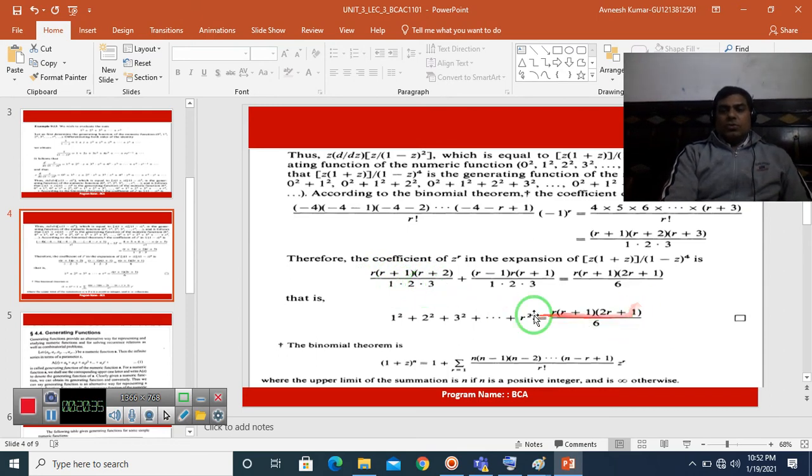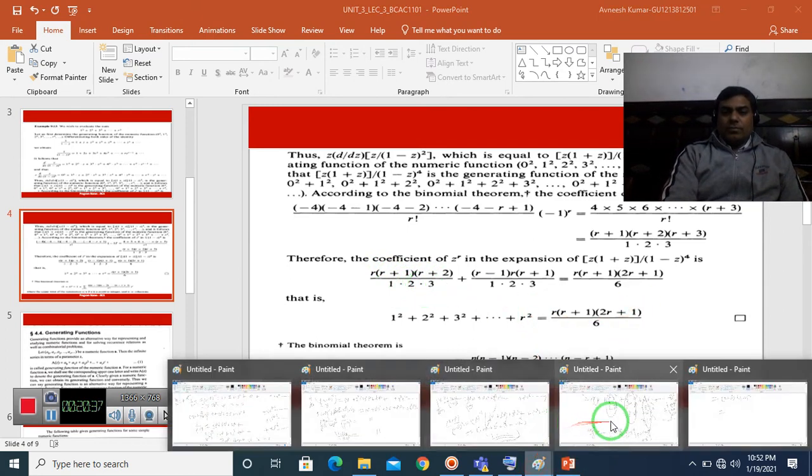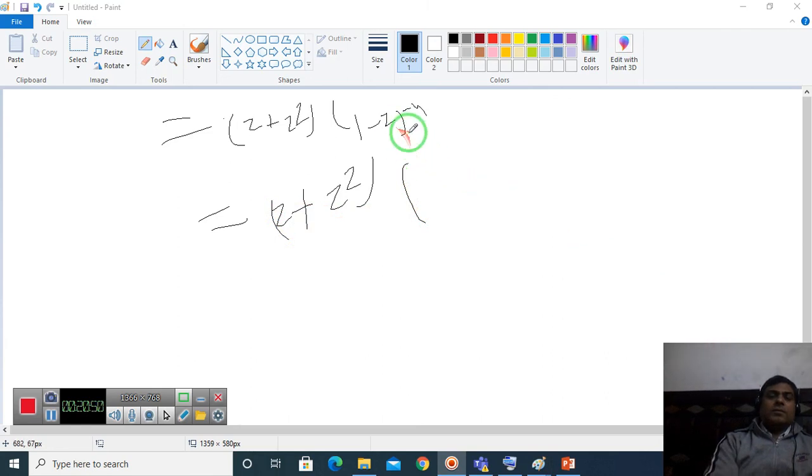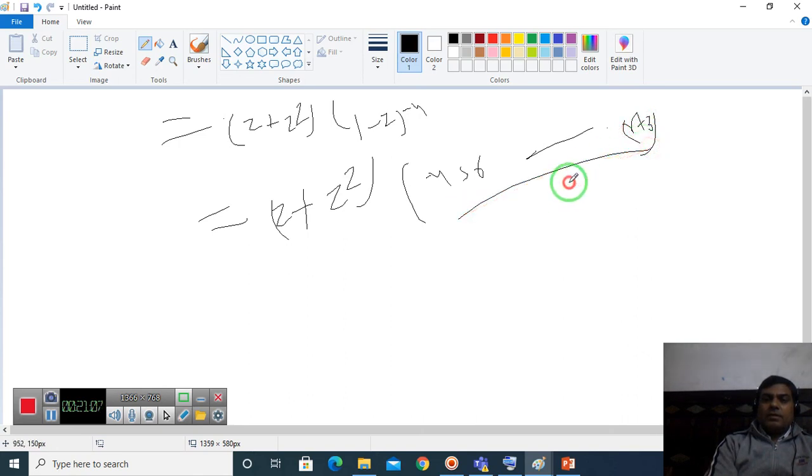Okay, I will explain here. z plus z square. Just by the binomial theorem we know that the z to the power r coefficient is 4, 5, 6 and r plus 3, divided by r factorial like this.